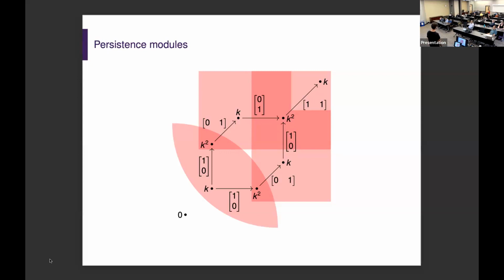And then we have linear transformations that go sort of upwards and to the right. If you start at some point and you take some path from one point to another, then if you compose the linear transformations, what you get should not depend on which path you choose. So in a way, you can consider this to be some huge commutative diagram. So that's a 2-parameter module.